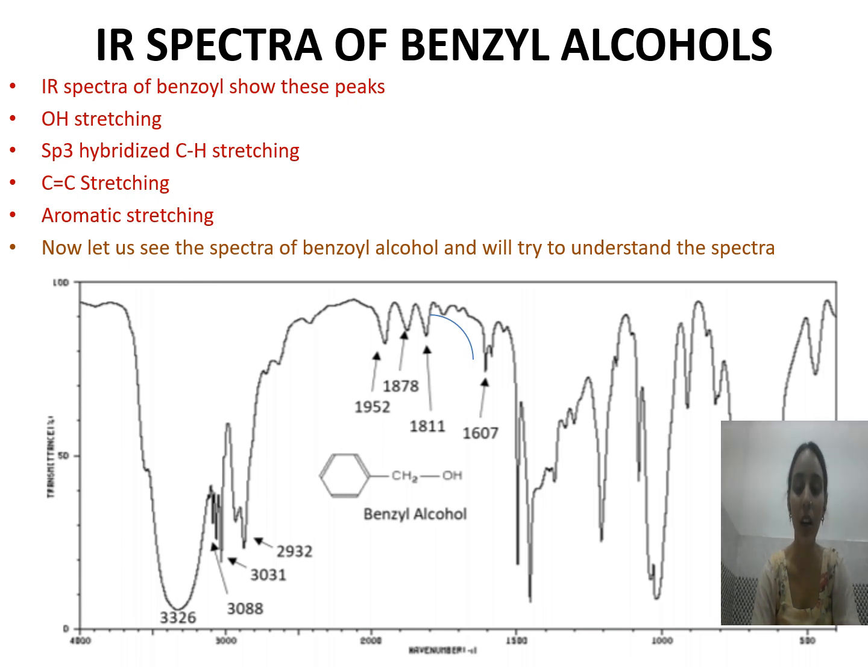The OH stretching ranges between 3200 centimeter inverse and 3600 centimeter inverse. Here, this is the OH peak in this spectrum, and the sp3 hybridized CH stretching occurs at 3000, and this is the sp3 CH stretching.